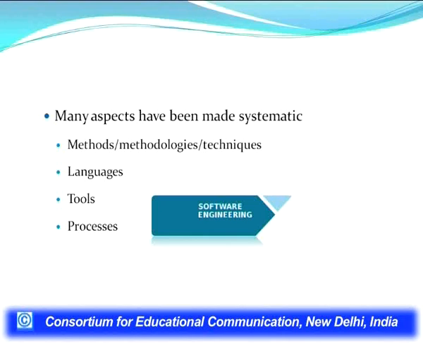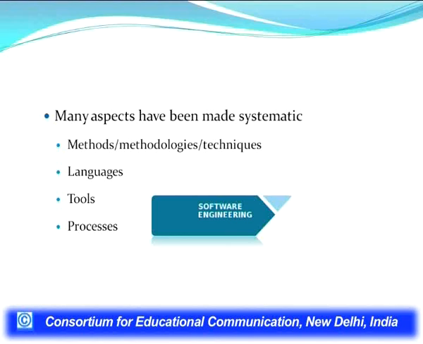Now, how did this software engineering terminology come about? As you may know, computer science is an area where a lot of aspects related to computers are discussed, but the area is related to many other subjects also. It contains a lot of electronics, physics, mathematics, as well as subjects related to commerce and accounts.